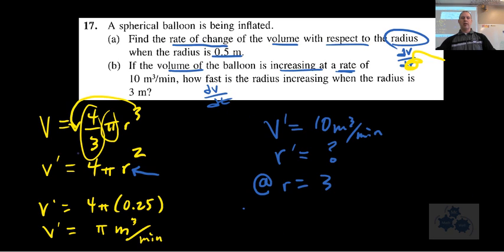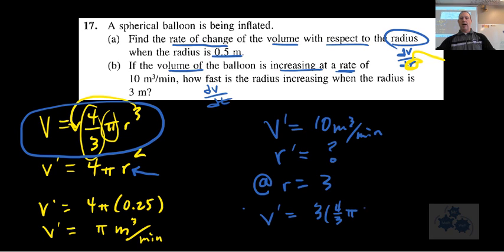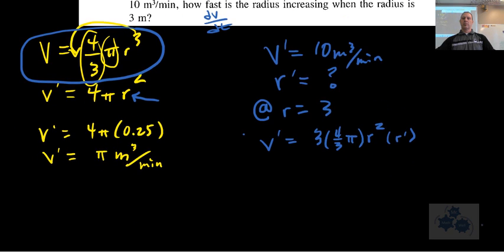So if this is the volume formula, we have V prime equals 3 times 4 over 3 pi, and we have r squared times r prime now. All right? And so V prime equals, 3 and 3 are gone, that's 4 pi r squared r prime.